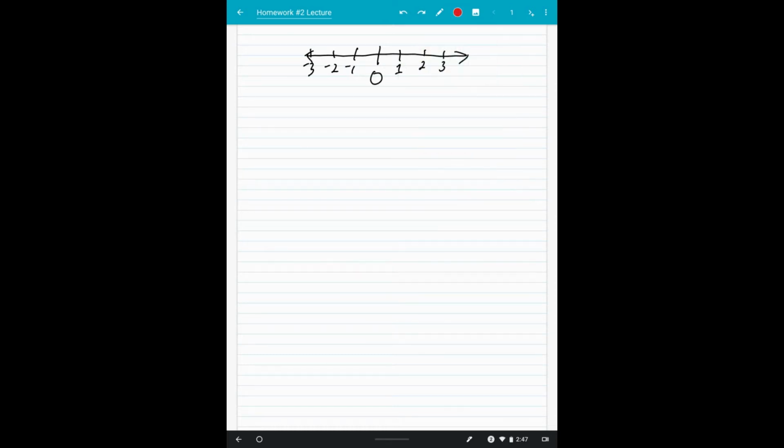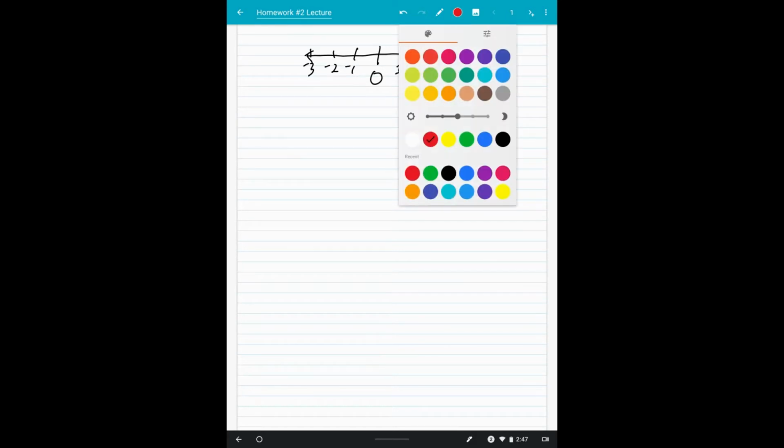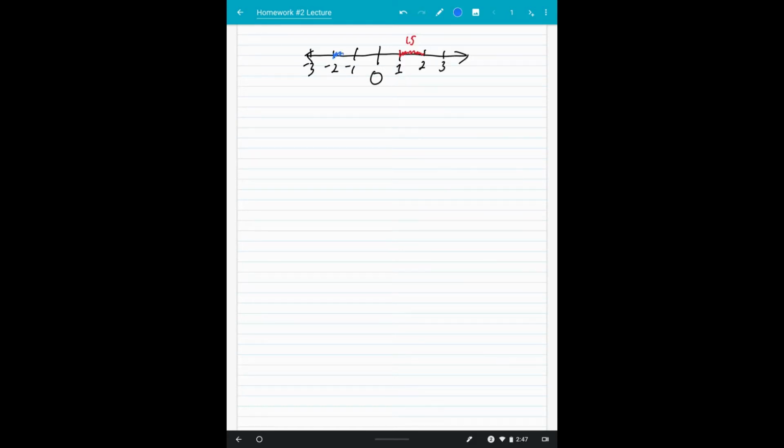Anything in between, like 1 and 2, would be numbers like 1.1, 1.5, anything in between them would be a decimal. Anywhere in between here, I might have negative 1.5 there, and negative 2.5 here. Remember, those are rational numbers. Rational numbers can be any terminating decimal or any repeating decimal.